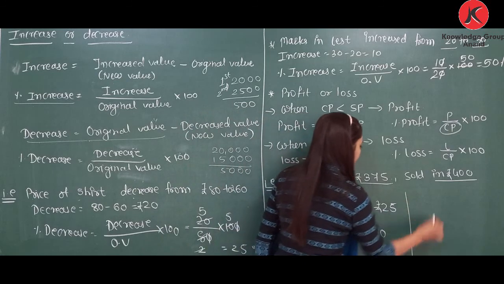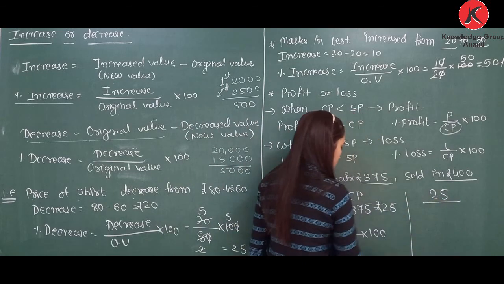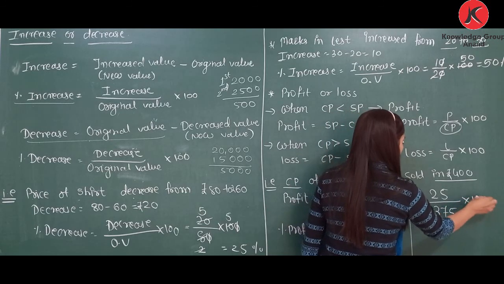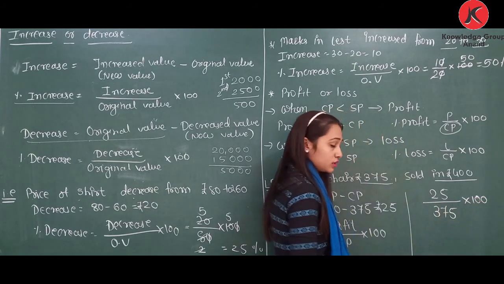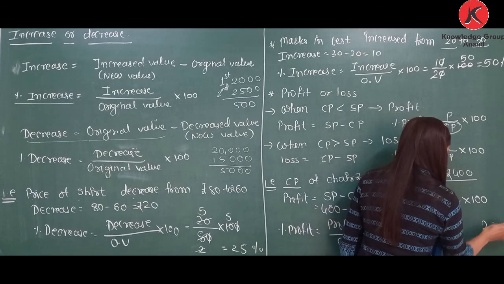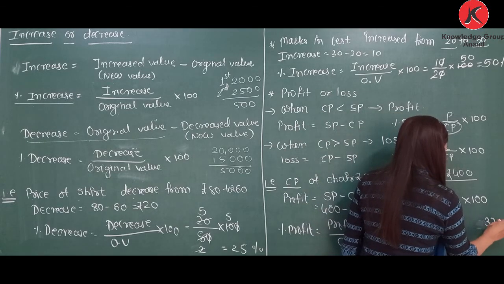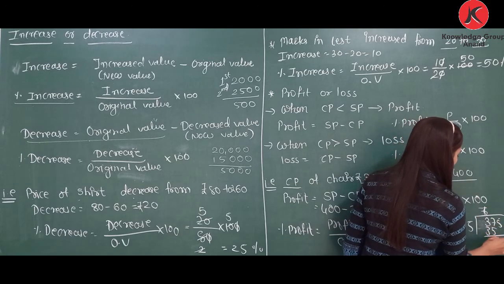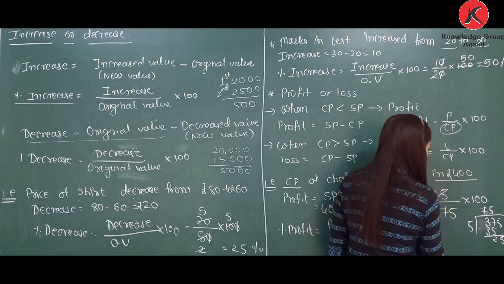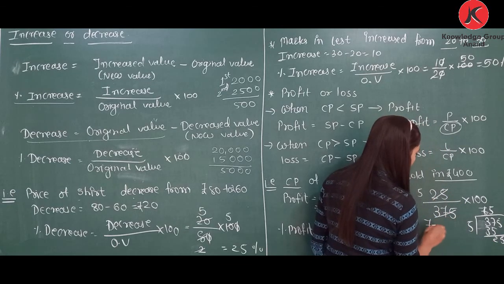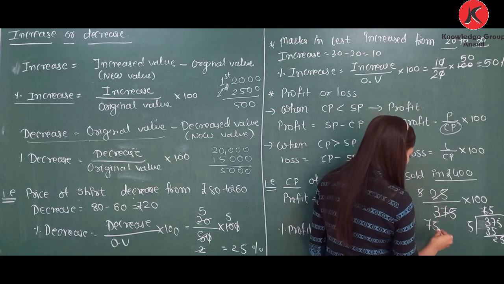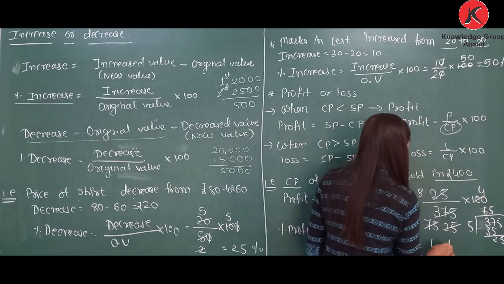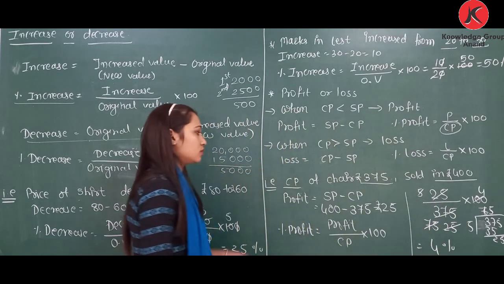Profit is 25 rupees, cost price is 375, multiply by 100. Now divide 375 by 25. 5 5s are 25 and 75 5s are 375. 25 4s are 100, so it is 4% profit on the chair.